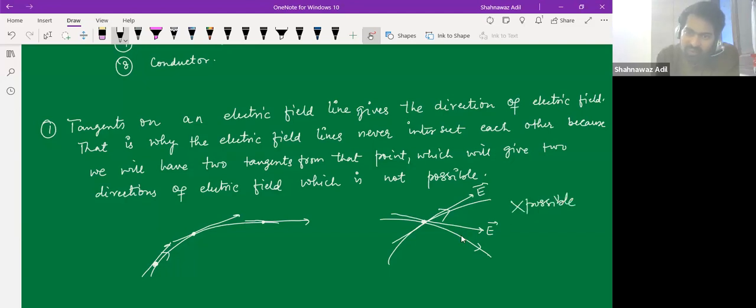That is why we cannot have two electric field lines intersecting each other. Is this point clear, guys? So if we draw the tangents on electric field lines, that will give you the direction of the electric field.